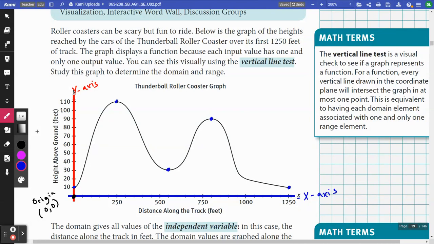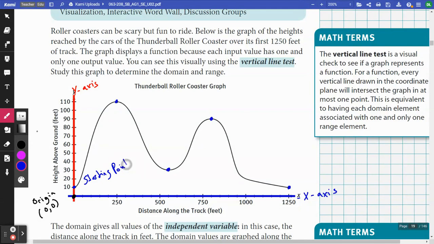What does this point right here represent? You're on a roller coaster. Your starting point, right? If you're on a roller coaster, you're usually in line, and that's your starting point. So this is your starting point.